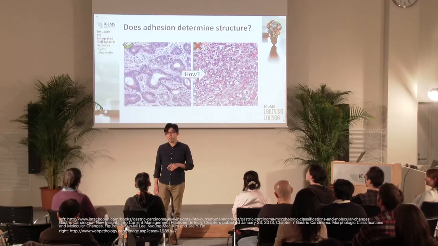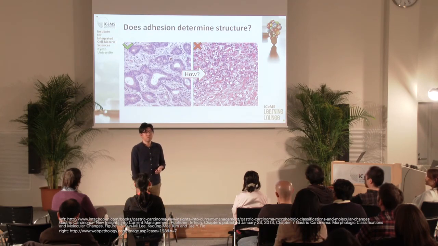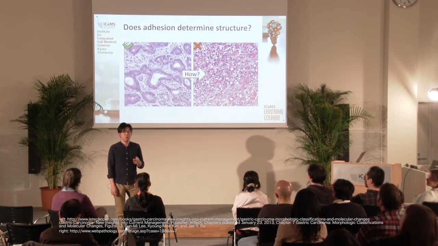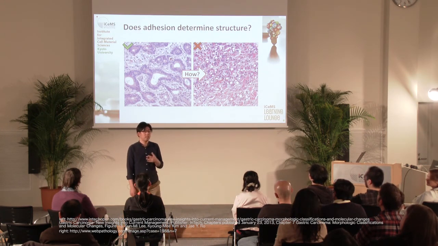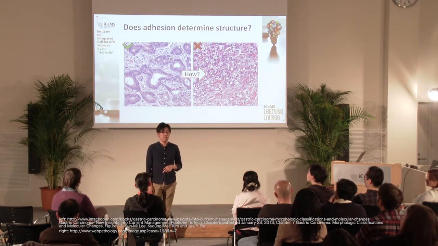And also, we expect that this kind of approach will help us to understand why the tissue destruction has to happen in cancer and other diseases. This understanding may help us to understand the general rule, what's happening when you get ill in the tissue.